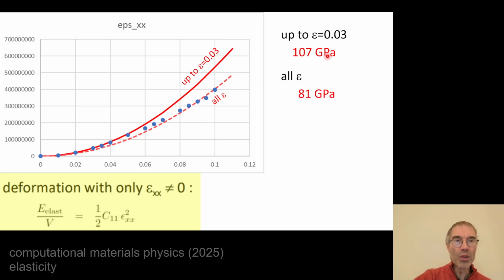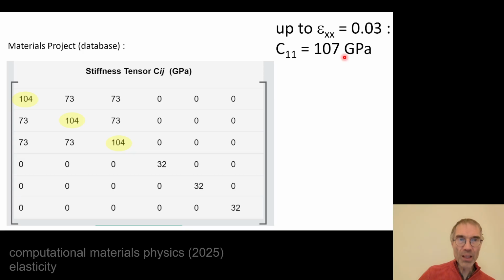That would lead to a C11 of 107 GPa. If you would take all epsilons, you would find a lower value, but it's the 107 that is the correct one. And we can compare that with the stiffness tensor that is available in Materials Project. There the C11 is here at the diagonal, and that is not far away from the 107 that we found.